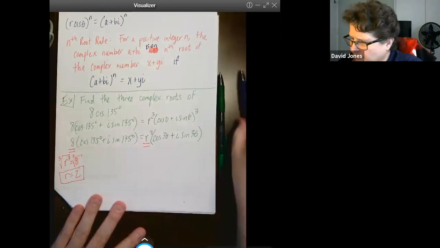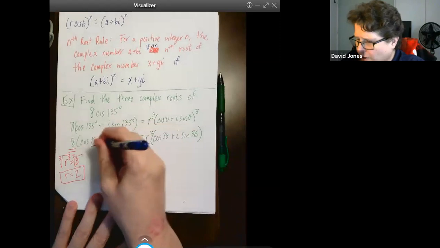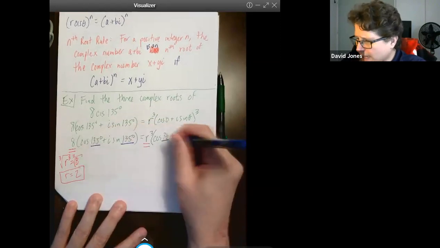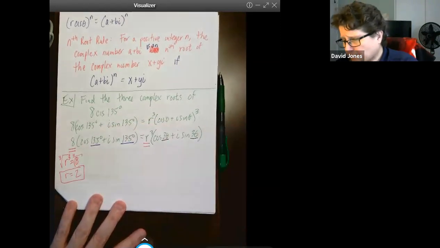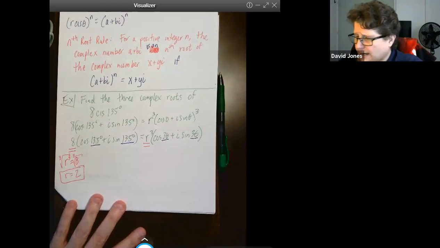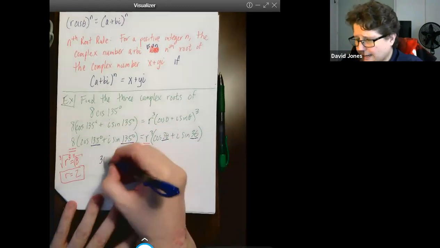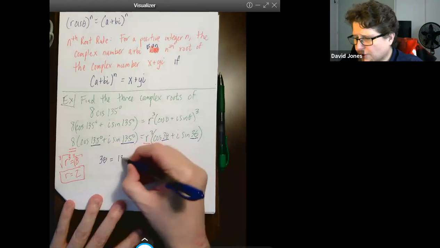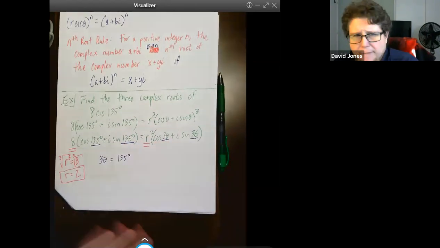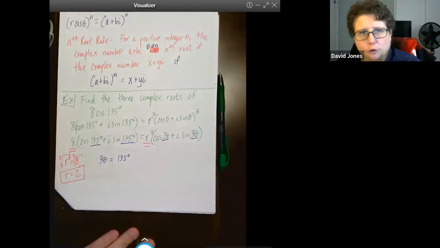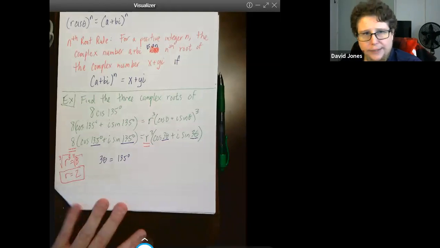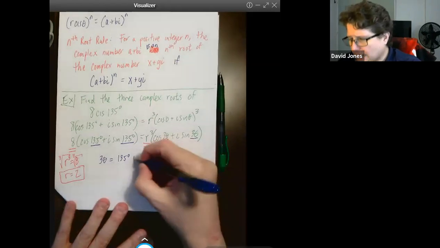The only difference in the parentheses are the angles and what they match up with over here. It looks like 3 theta has to equal 135 degrees. But also every time we go around the circle 360 degrees, it also equals that.